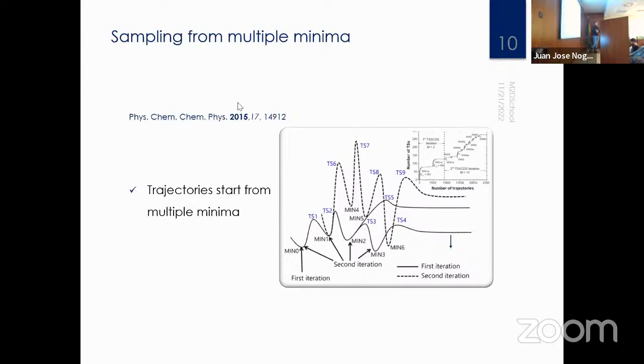You don't need to run 50, 100 iterations or something like that. Again, this is to be more efficient. This is understandable: we start from different minima, and this is better than starting from a single minimum. You go further away, you start from different minima, because the trajectories are short. Remember that. Trajectories are very short.